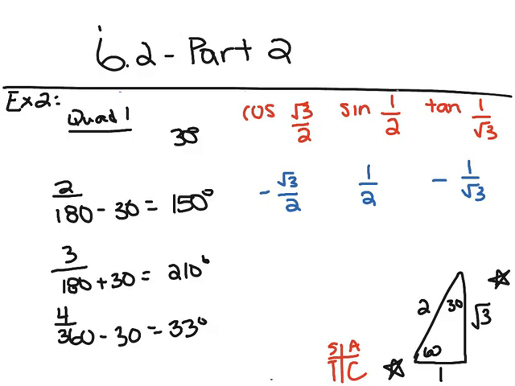For quadrant 3, our tangent's going to be positive, so we have negative root 3 over 2, negative 1 over 2, and 1 over root 3. And for our fourth quadrant, cos will be positive, and the rest will be negative. And that's how you find all your trig ratios.